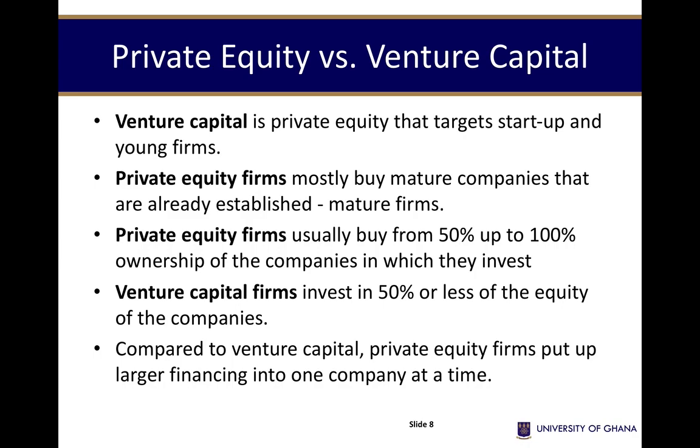Private equity firms normally would want to buy from 50% up to almost 100% ownership in the companies that they want to invest in, whereas venture capital wants to invest 50% or less. So this also has dynamics for their risk potential and appetite. Compared to venture capital, private equity firms put up larger financing into one company at a time.